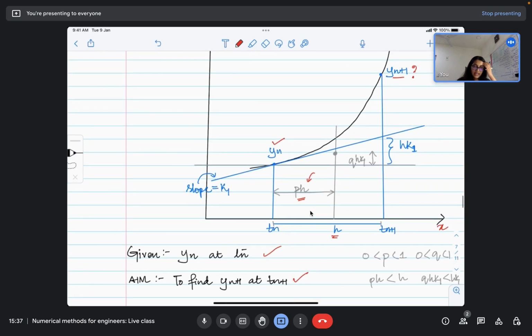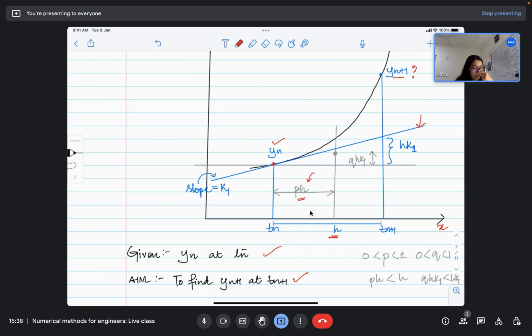How are we choosing an intermediate point? This is the curve, the black line, and we have taken the slope at this point, the blue line, the tangent. Now this entire distance is h, and we are interested in some intermediate point along the x-axis, so we write it as p times h, because p lies between 0 and 1, so p times h is smaller than h.